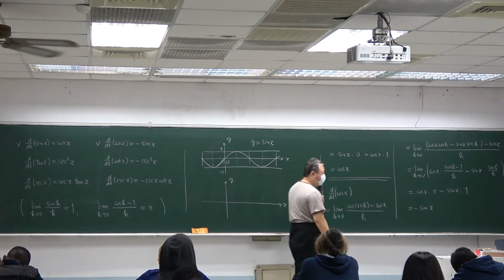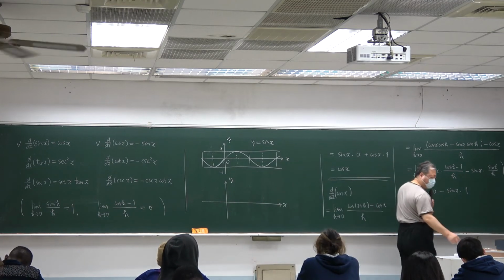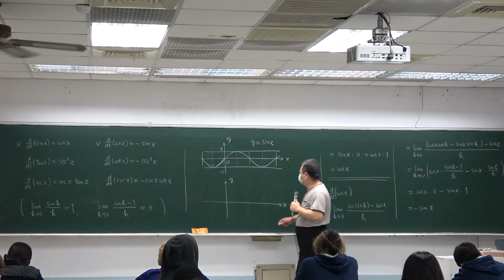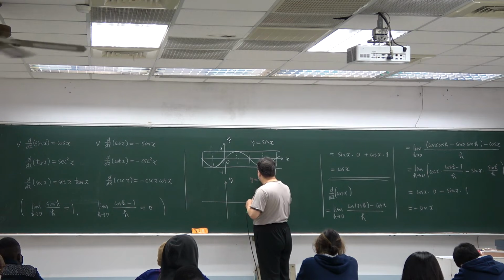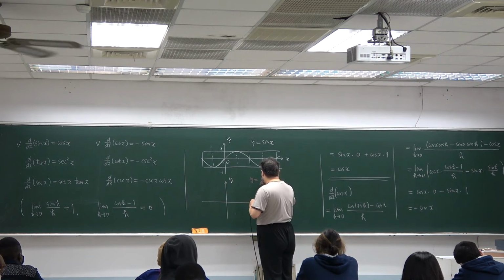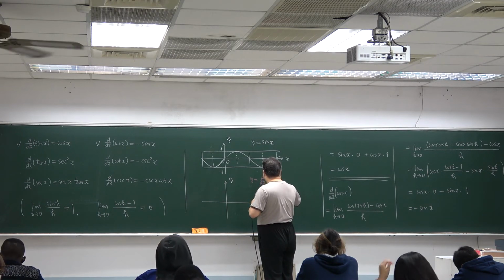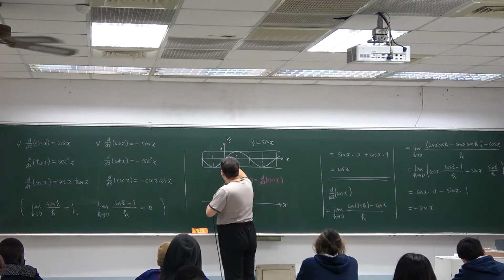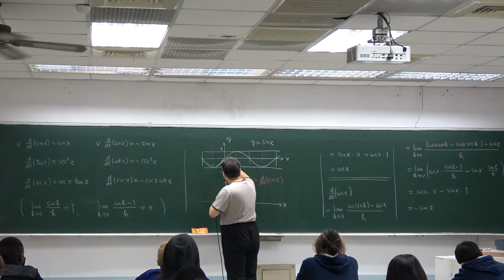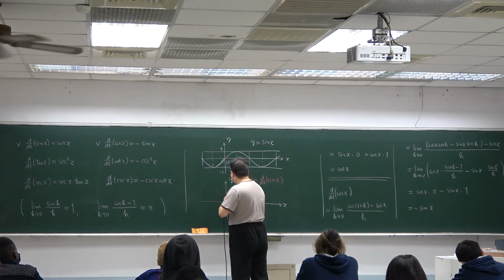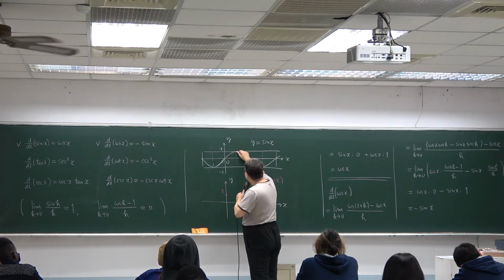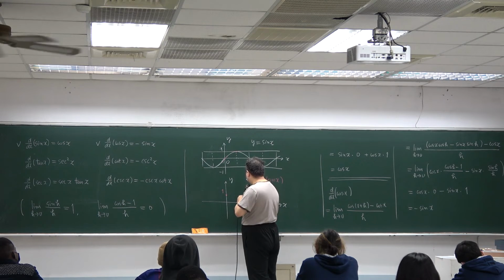Now we consider the slope function of sine. At 0, the slope is 1. At half pi, the slope is 0.